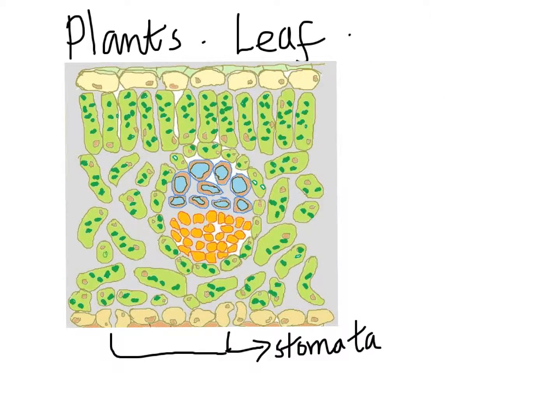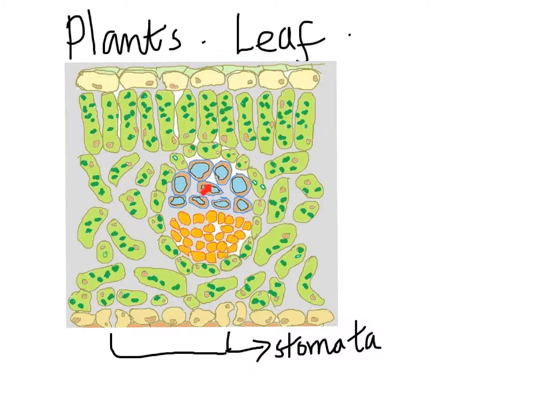In plants, leaves are special organs which have special adaptations for efficient exchange of gases. As you are probably aware, oxygen is made in the leaves during photosynthesis, which has to leave the leaves. So it leaves through these holes here, which are called stomata. They are on the underside of the leaf. This is the top layer of the leaf, and you have other layers of special tissues here.